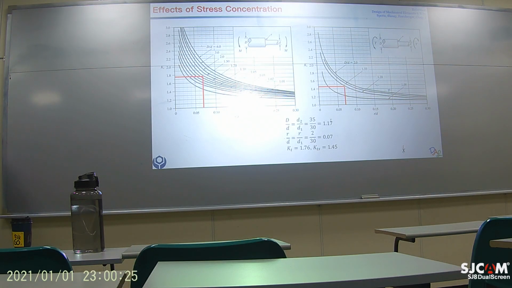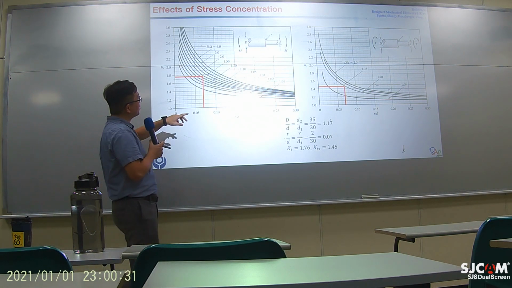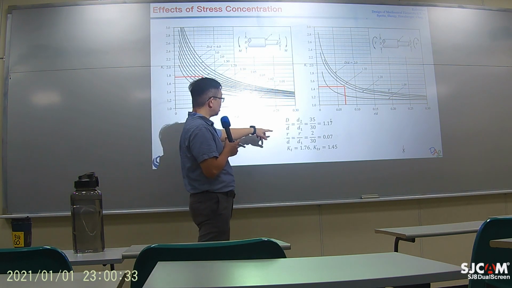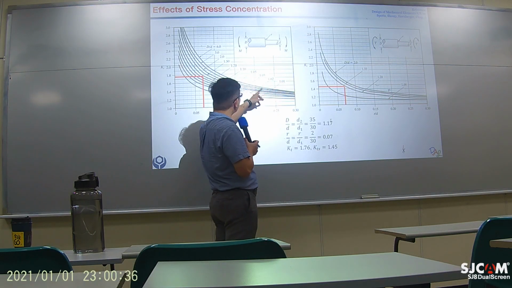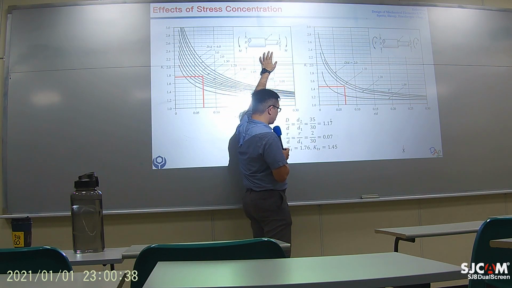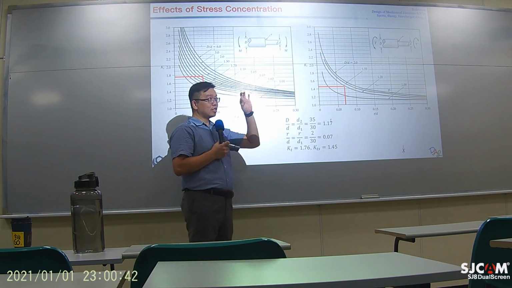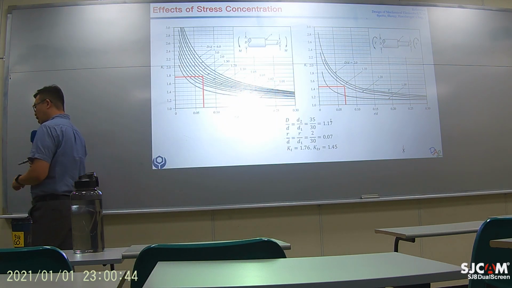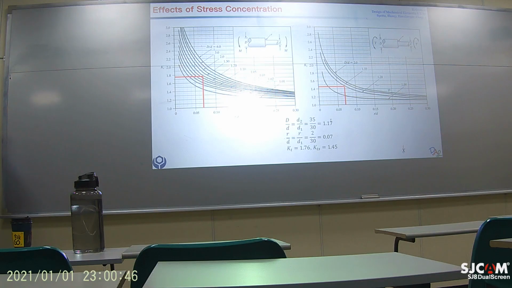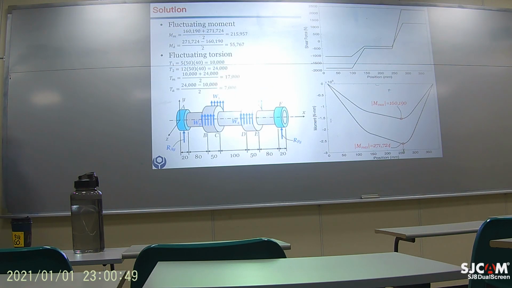So if we take a look at the bending part, the problem mentioned the radius at the corner is 2, and we will study the smaller diameter, not the bigger one. So the smaller part is 30.